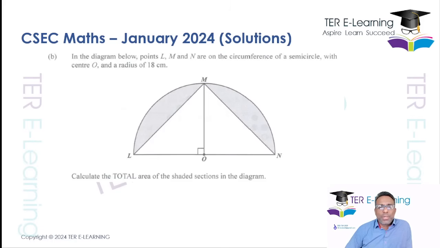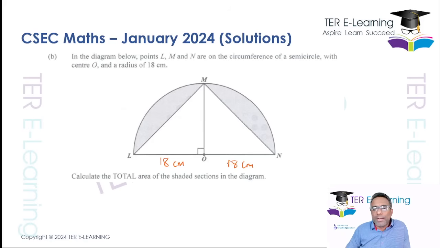Part B now. In the diagram below, we have L, M, and N, and they are on the circumference of a semicircle. And the radius is 18. So here's what's happening. This is 18 cm, this is also 18 cm.